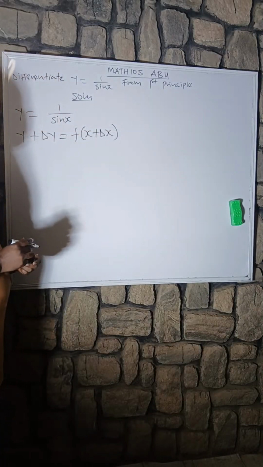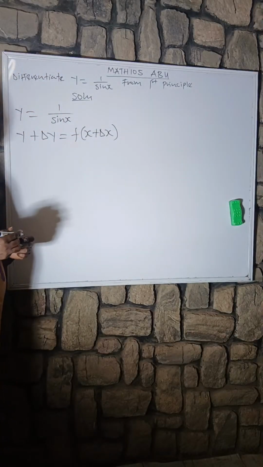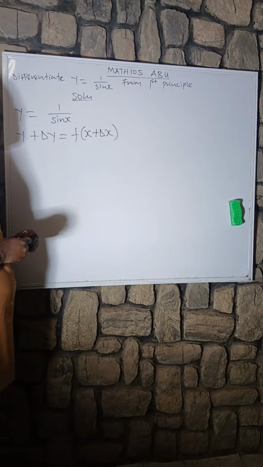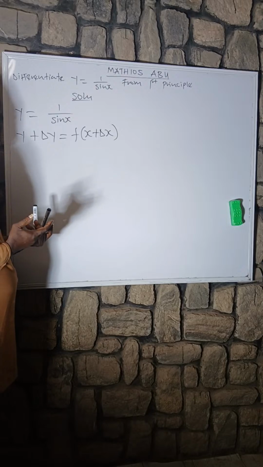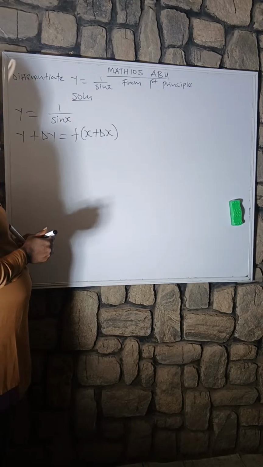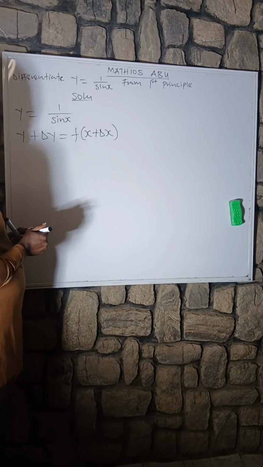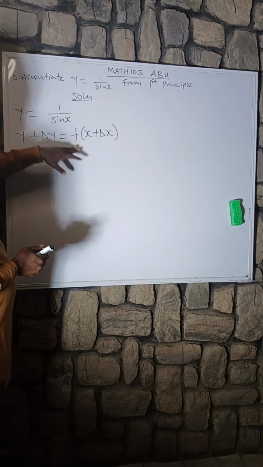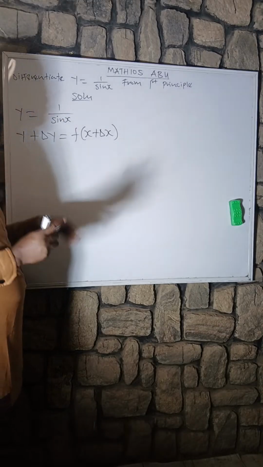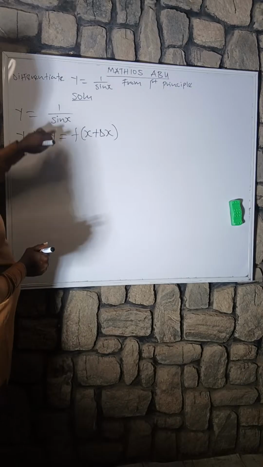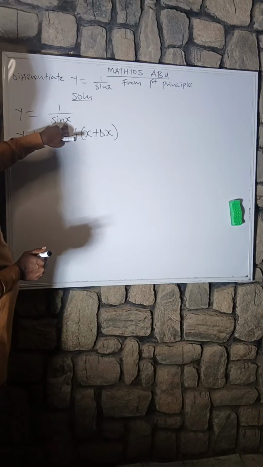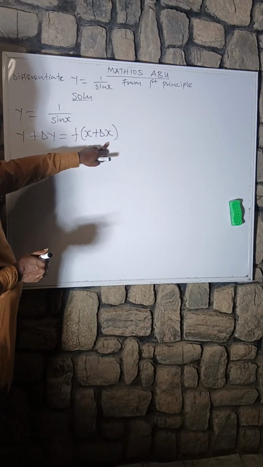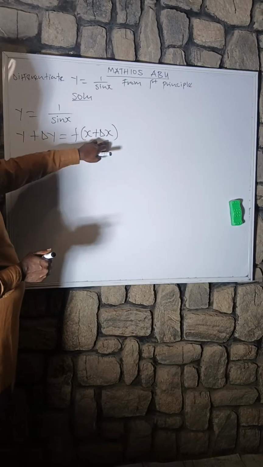Okay? So if you agree with me, this implies that you know very well that if we are to differentiate functions like this from first principle, what I will advise you to do is compare this function with this. We have f of x plus dx.